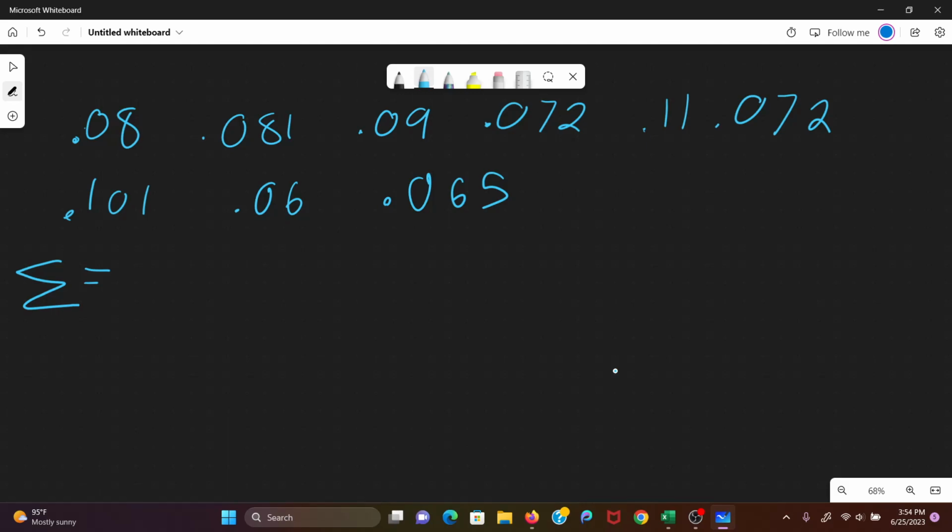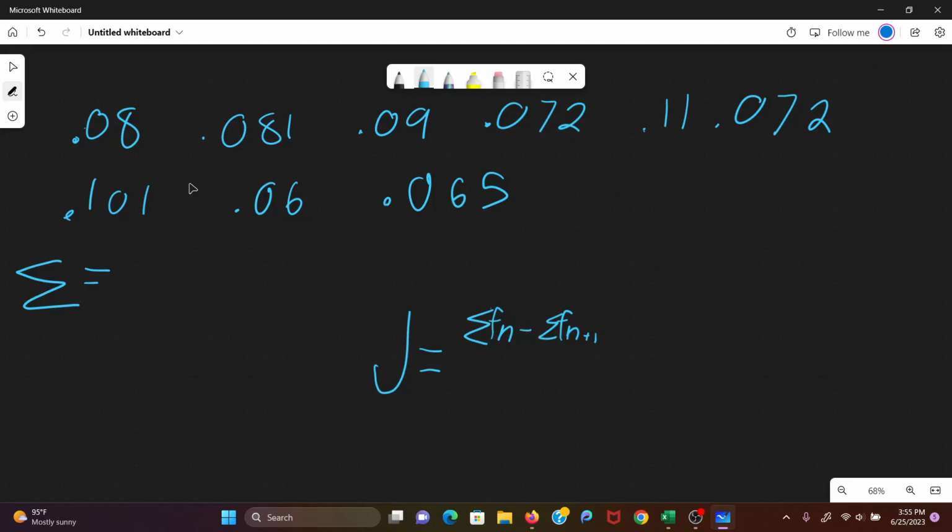formula really quickly. So what we want, jitter, is going to equal every each one of these numbers minus the next number.